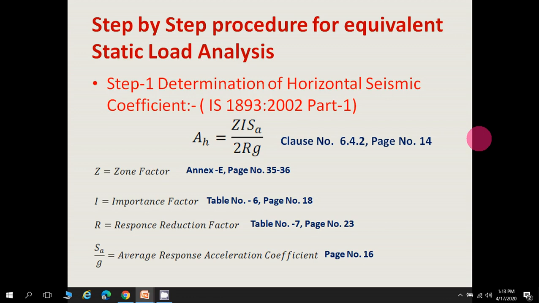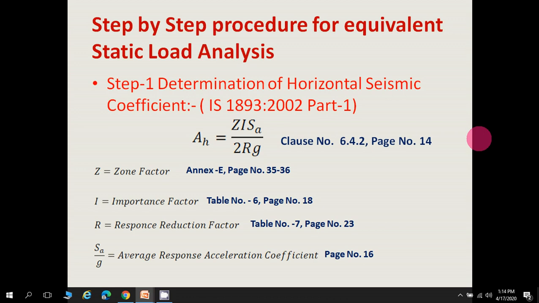If you are constructing a building in a city, either in Gujarat or Chandigarh, these are specified into different zones, and for different zones the value of Z is different. If the intensity of earthquake is high in a particular region or zone, then the value of zone factor Z will be high.